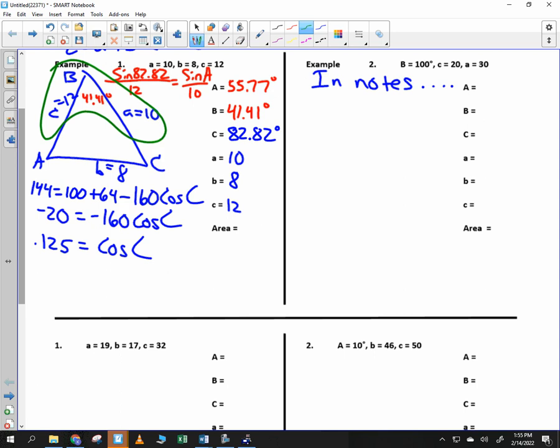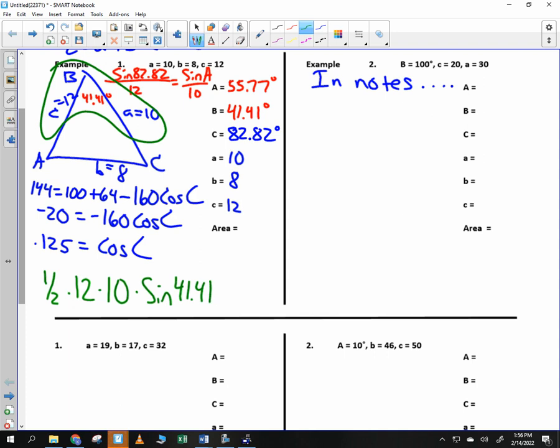You want to find the area of a triangle? That whole one-half base times height? Here's all you've got to do: 1/2 times one side, say 12, times another side, 10, and then you times it by the sine of the angle between them. You could actually choose any one you wanted to.